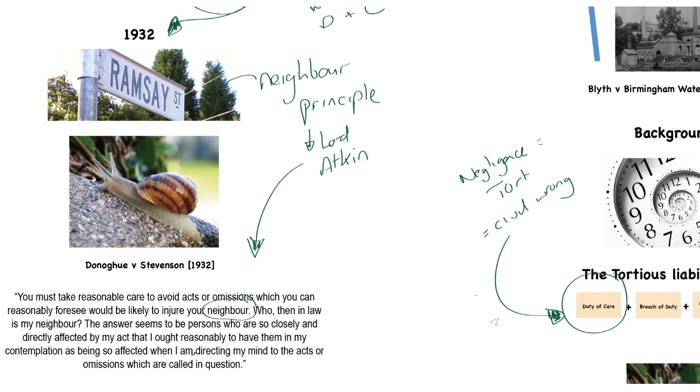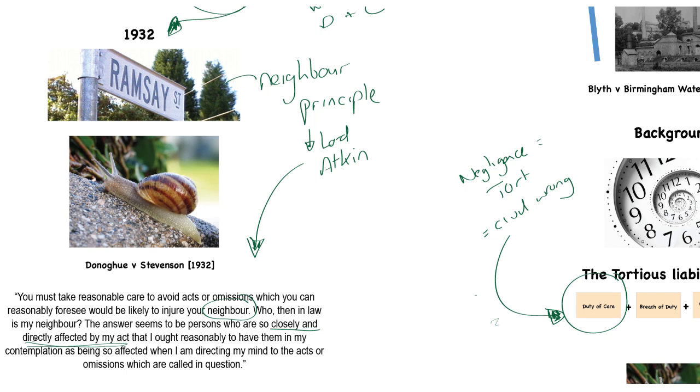There will be people on the road all over the country. They are not going to be my neighbours. My neighbours will be those people who are on the road around me at the time, because they will be closely and directly affected by my act.